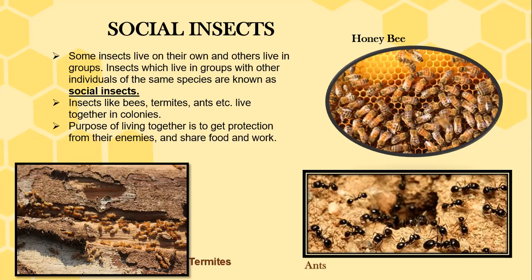Insects which live in groups with other individuals of the same kind, the same species, are known as social insects. For example, you can see the honey bee. The honey bees work in groups, commonly in a big group together.